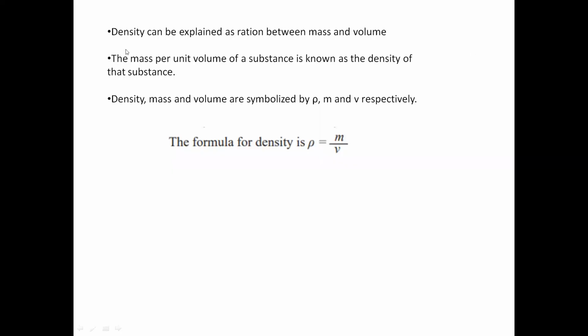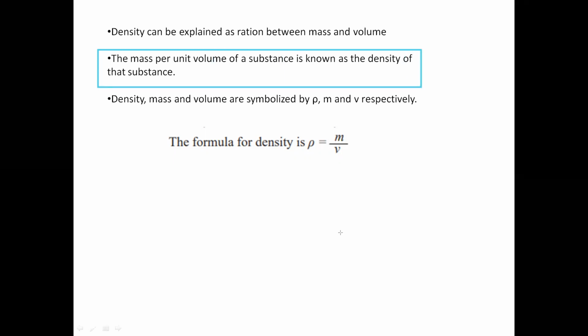Okay. Density can be explained as the ratio between mass and volume, as I said earlier. So this is the definition for density: mass per unit volume of a substance is known as the density of a substance. So mass per unit volume.